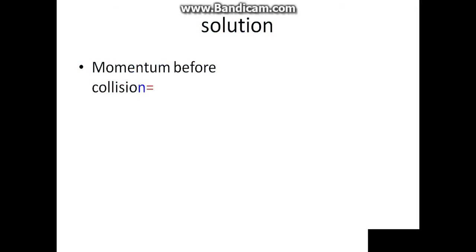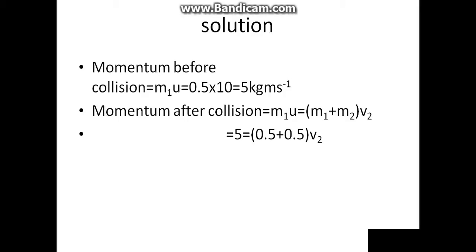Solution. Momentum before collision is equal to m1u, which is equal to 0.5 times 10, which will give us 5 kilogram meters per second. Momentum after collision is equal to (m1 plus m2) times v2.